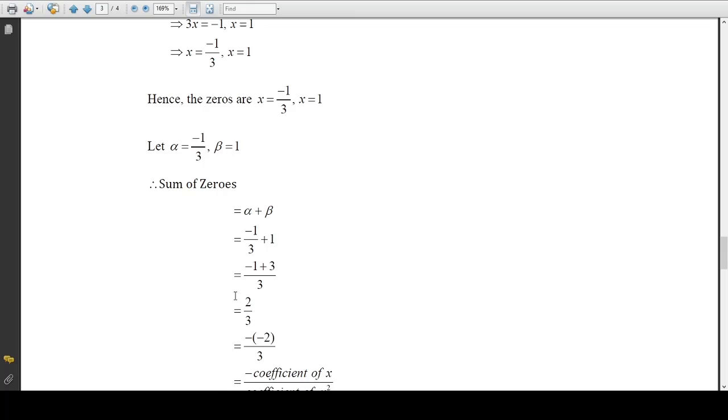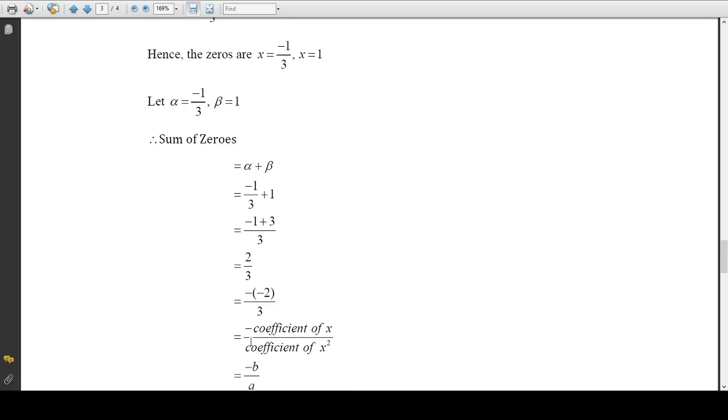Okay, the sum of zeros is 2 by 3, but you have to relate with the formula, which is minus the coefficient of x by coefficient of x squared. Okay, you have 2 by 3. Then 2 by 3 you can write in this way, minus of minus 2, because minus multiply with minus is plus, isn't it?